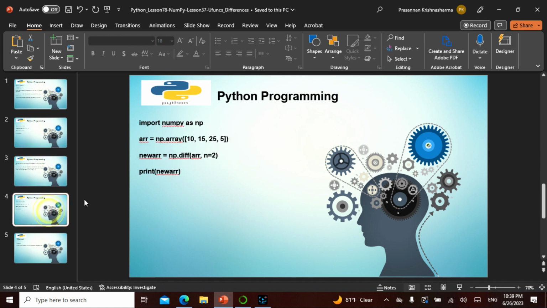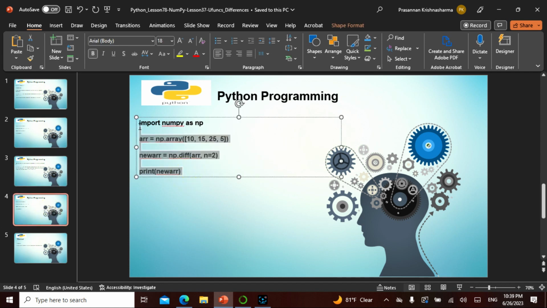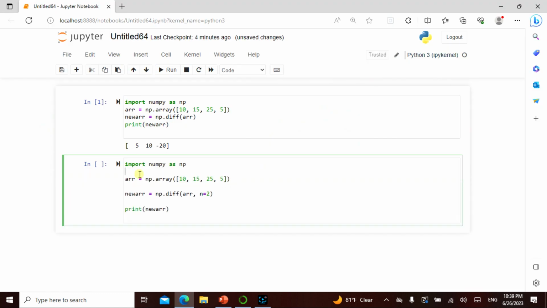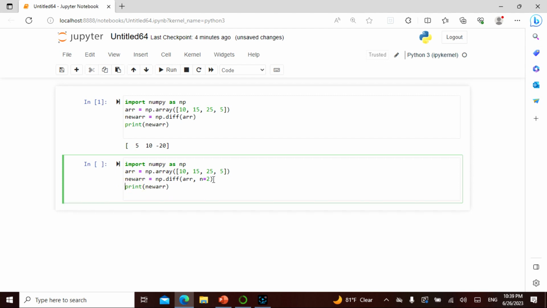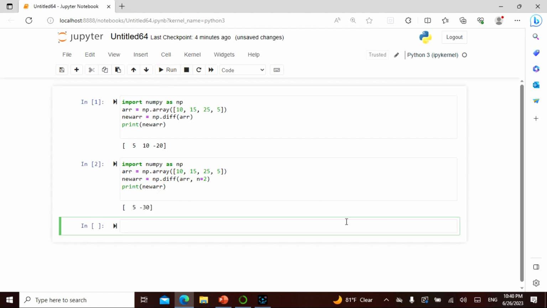Let's take this and run it. We import numpy as np, and we have a one-dimensional array, and we take the difference with n equals 2. So the first pass gives 5, 10, minus 20. Let's see this, and I'll tell you more as we go.